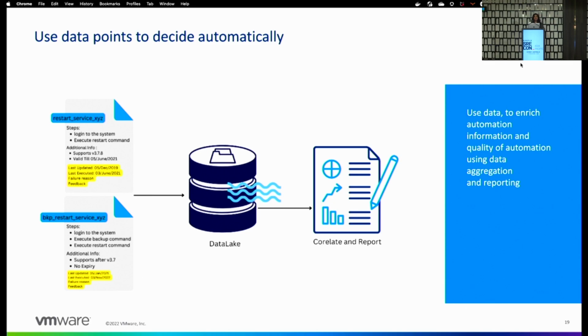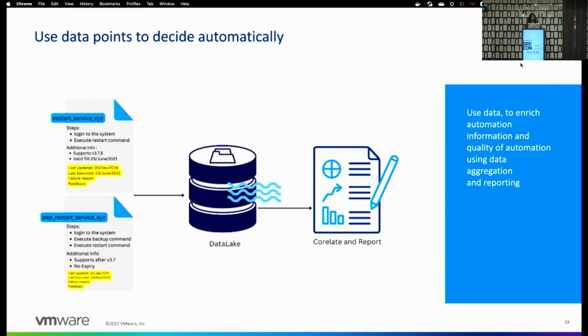So this is what worked for us. We gather data from various sources, like the version information for that automation or the infrastructure information. We correlate all of this data, build it into nice visualizable reports, and feed that data back to our automations itself.